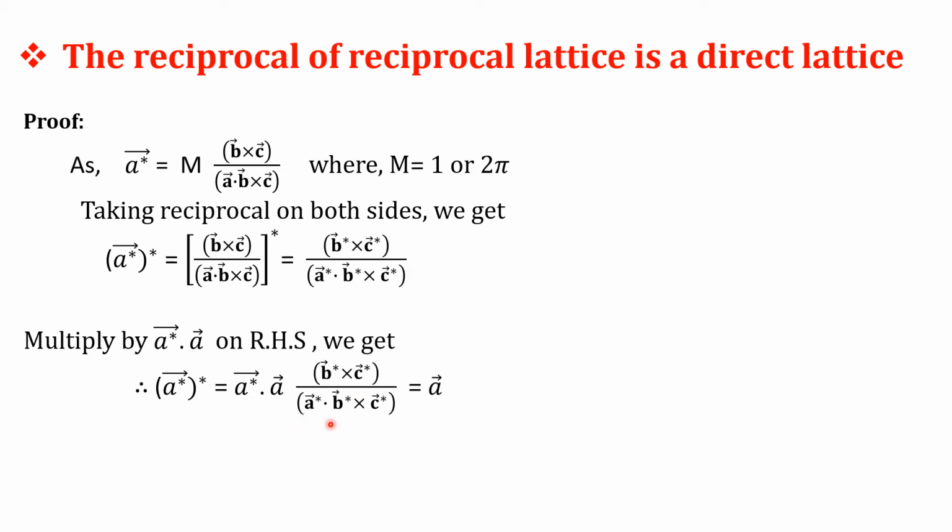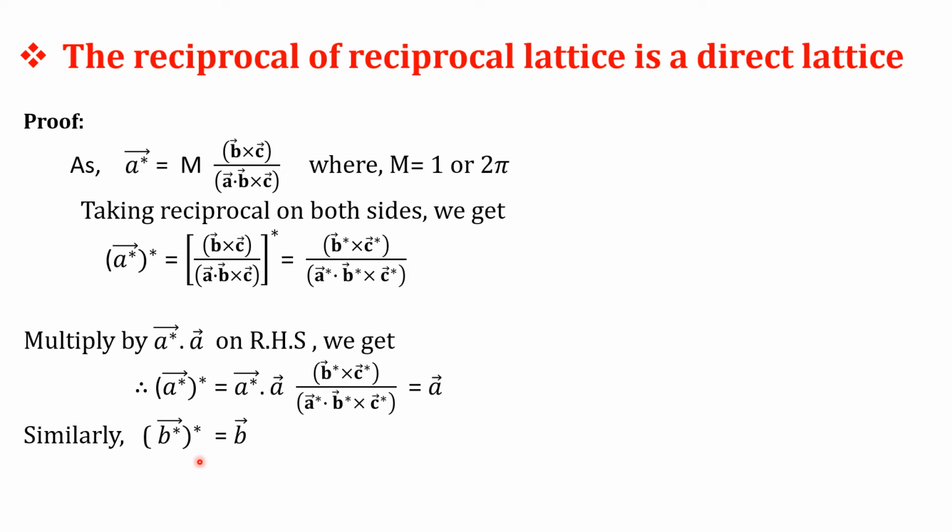Denominator term is the same, A star dot B star cross C star. Numerator and denominator terms cancel and the remaining term is vector A. Therefore, we get vector A star bracket star equal to A. This reciprocal of reciprocal vector is a direct vector. That we prove for A star.